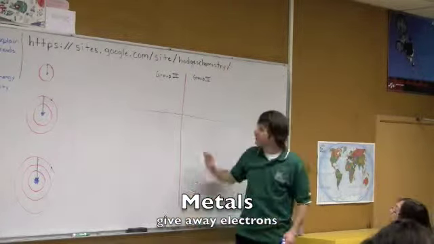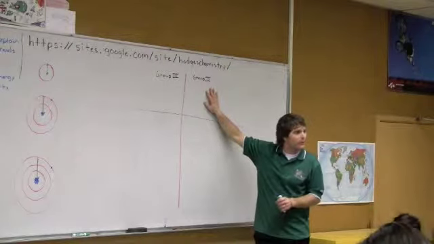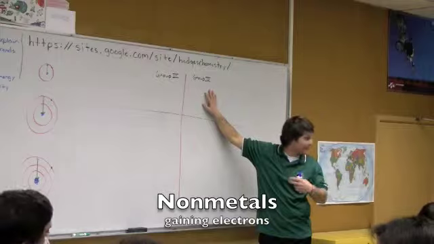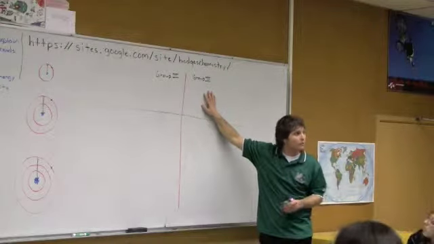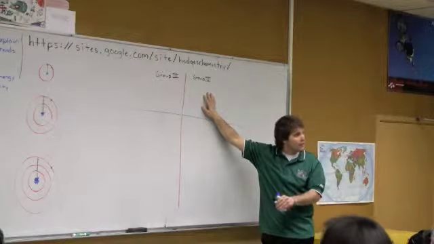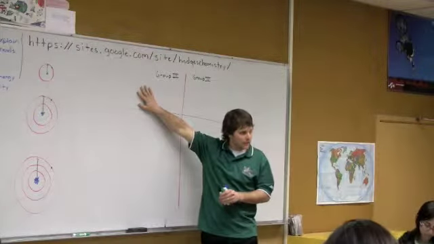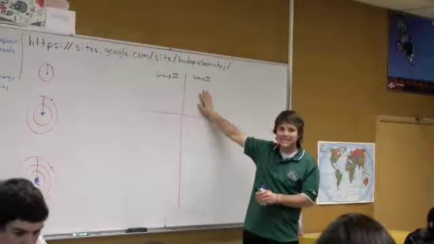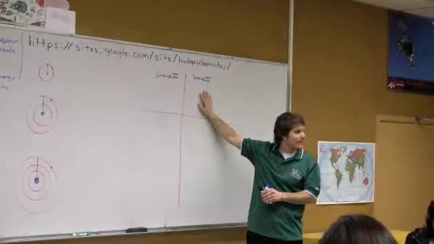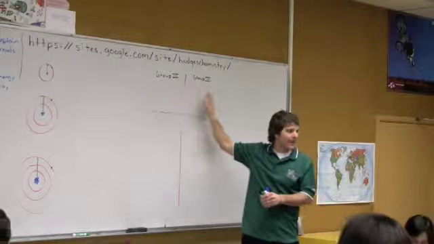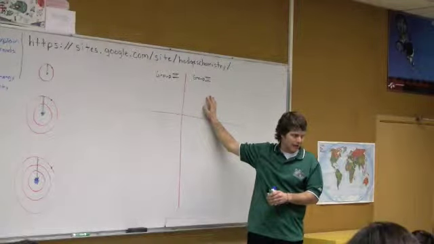And over here we have the nonmetals, and we know they're nonmetals because nonmetals are gaining electrons to become negative ions. So now we're looking at the pattern or trend: what happens when atoms lose electrons like the metals, and gain electrons like the nonmetals.